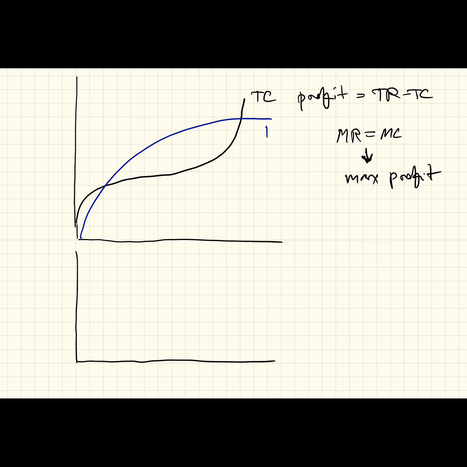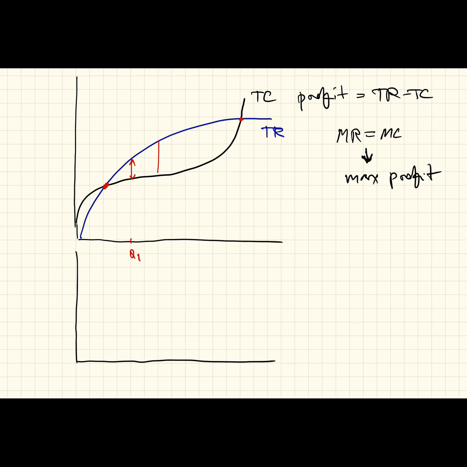Given this total revenue and total cost curve, you can see your profit just like a distance between those two curves. So of course, it will only be positive between these 2 points. So if you set your Q here, that will be your profit, but clearly it's not the largest one, right?